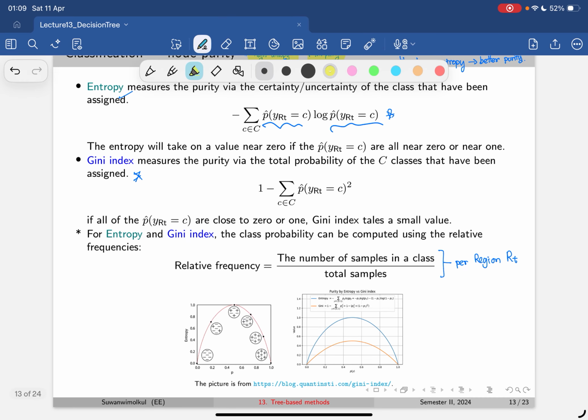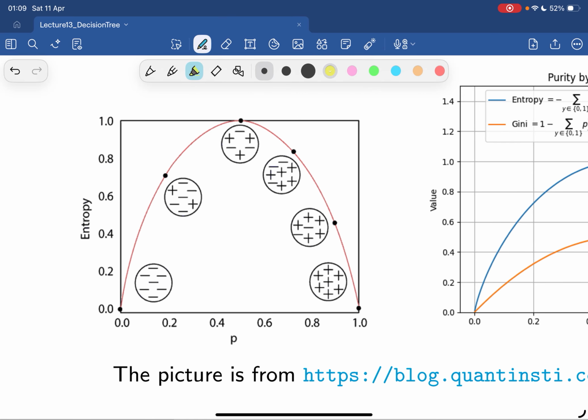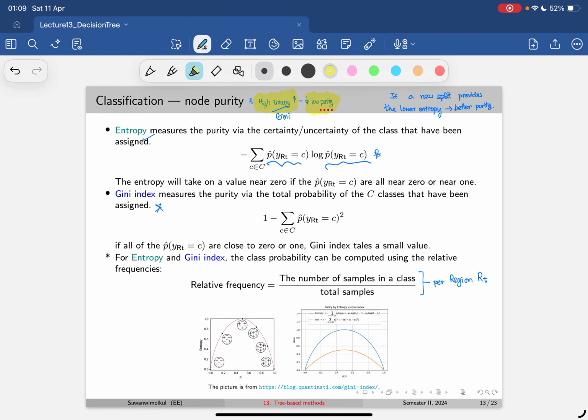I think the easiest way to see why is that you just take this function and vary the value of p. You know p is the probability value, and you can vary it from 0 to 1. You will see at which p value you get the maximum entropy.